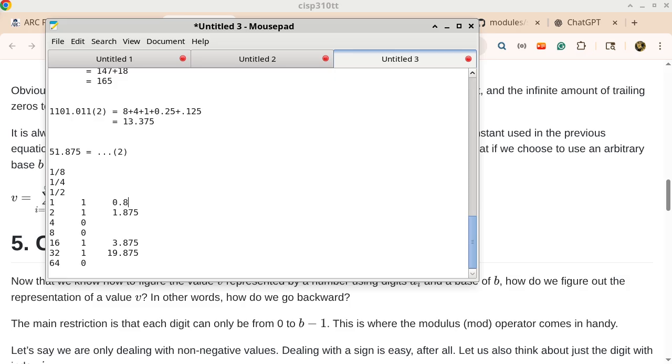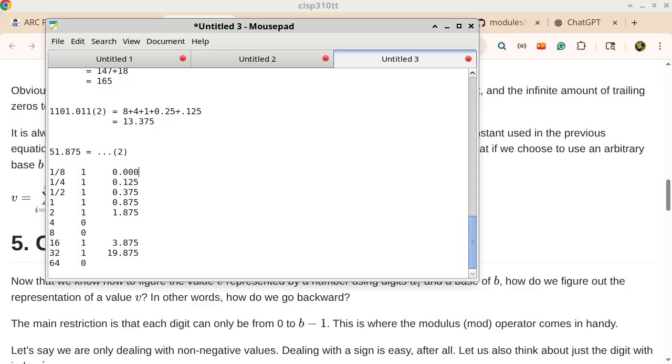Then we have 0.875 left. Do we need a half? Yep. And then after that we have 0.375. We need a quarter so that we have 0.125 left. And then we need an eighth to take care of the remaining portion. And then after that, we have nothing left. That's base conversion right there.